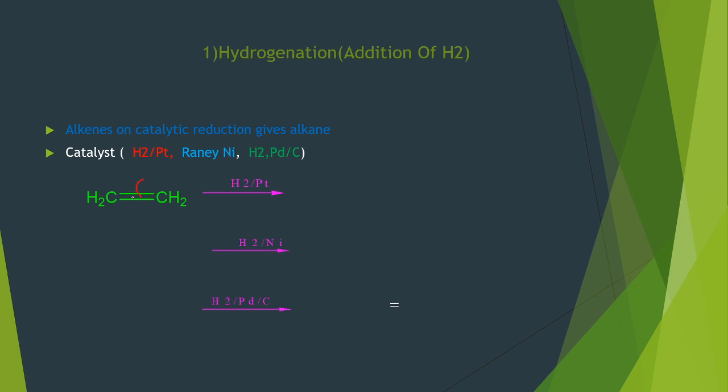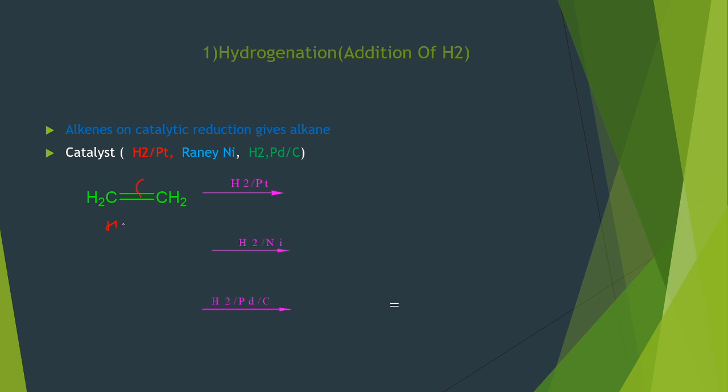When we break this carbon-carbon double bond, each carbon gets 3 valency, that is 3 bonds are there. So after breaking the carbon-carbon double bond, we just have to add hydrogen atoms.